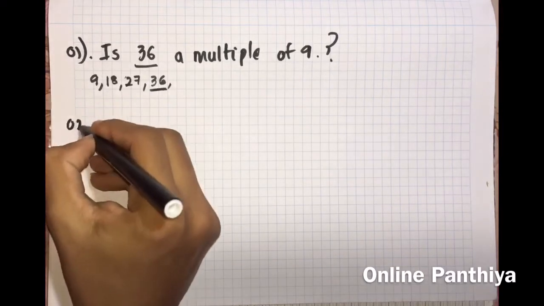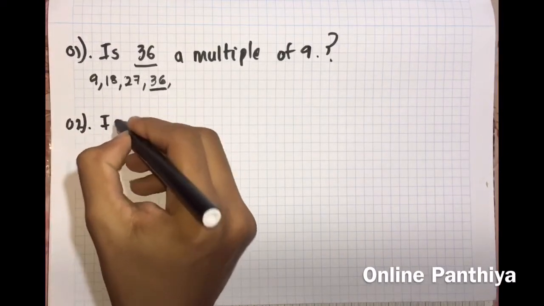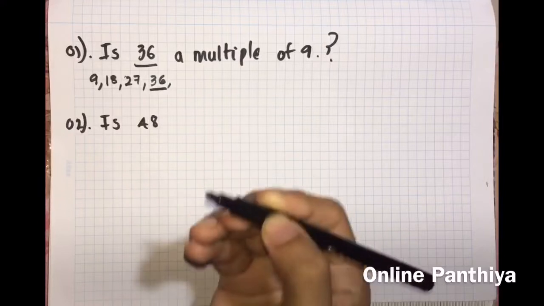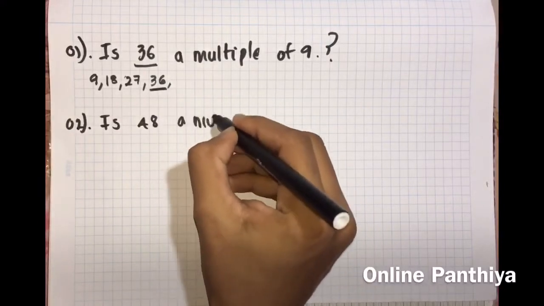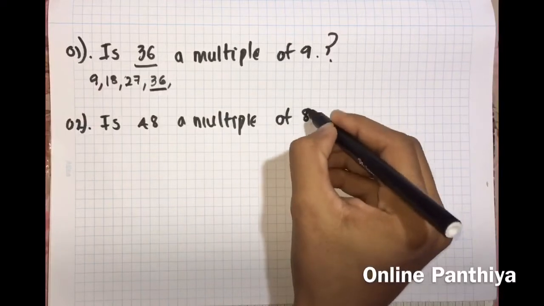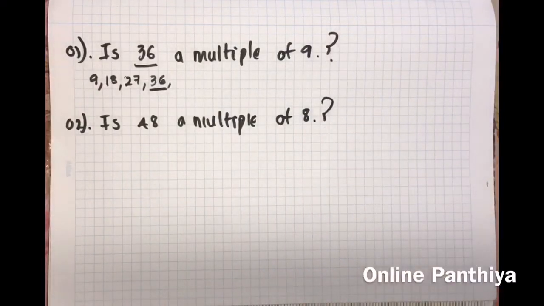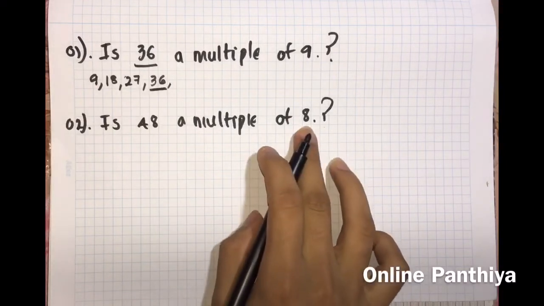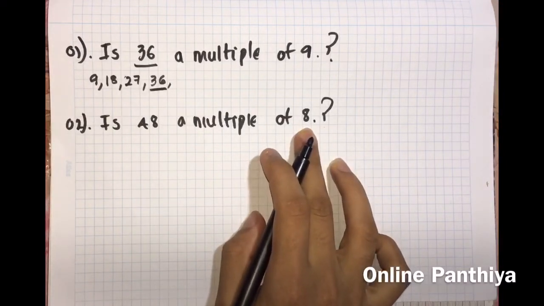So one more example. Is 48 a multiple of 8? Say I'm very good in multiplication. I know the 8 times table. So how do you start? Now without writing, I can just think in my mind. I can say all the answers of the multiplication.